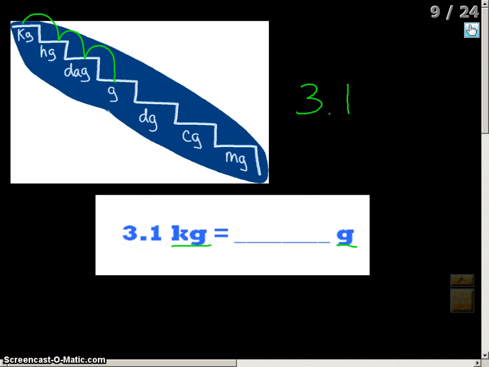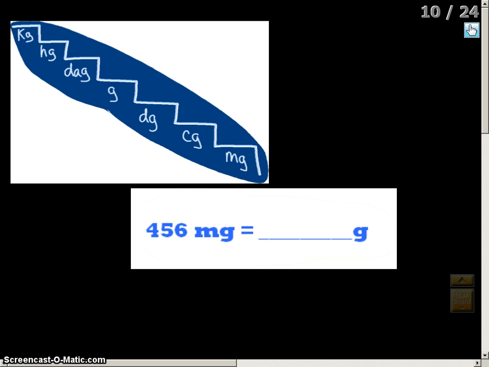Remember, whenever you go down your stair steps, you move your decimal to the right. If you go up, you'll move it to the left. So I'll move this decimal 1, 2, 3 places to the right. Now I have some empty baskets here, and what I do with those empty baskets, I drop zeros in them. So 3.1 kilograms equals 3,100 grams.